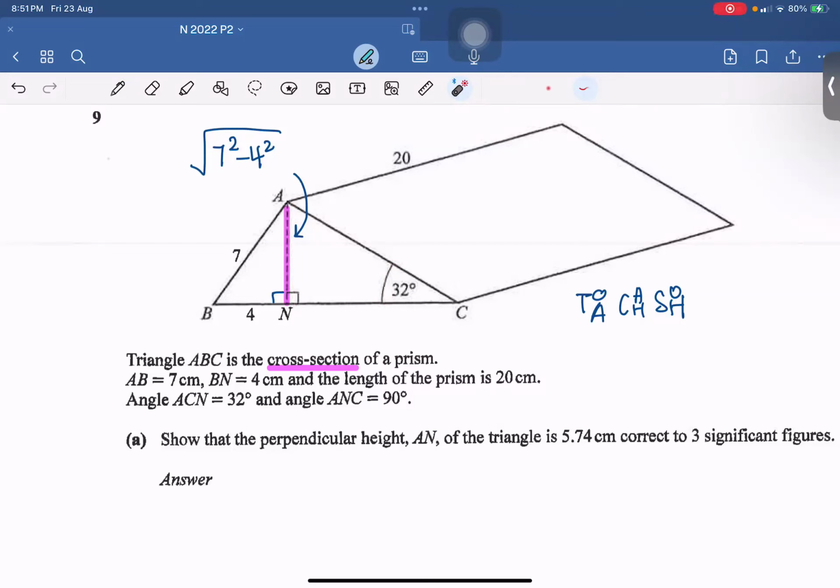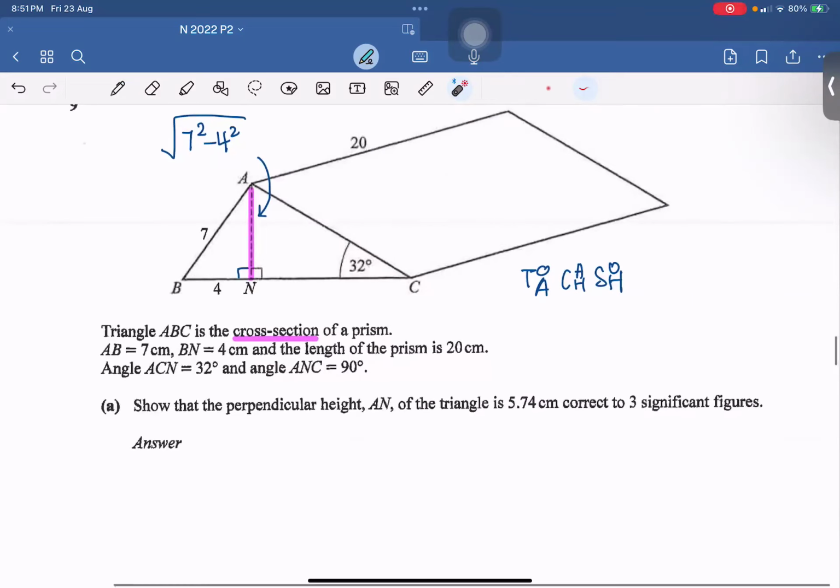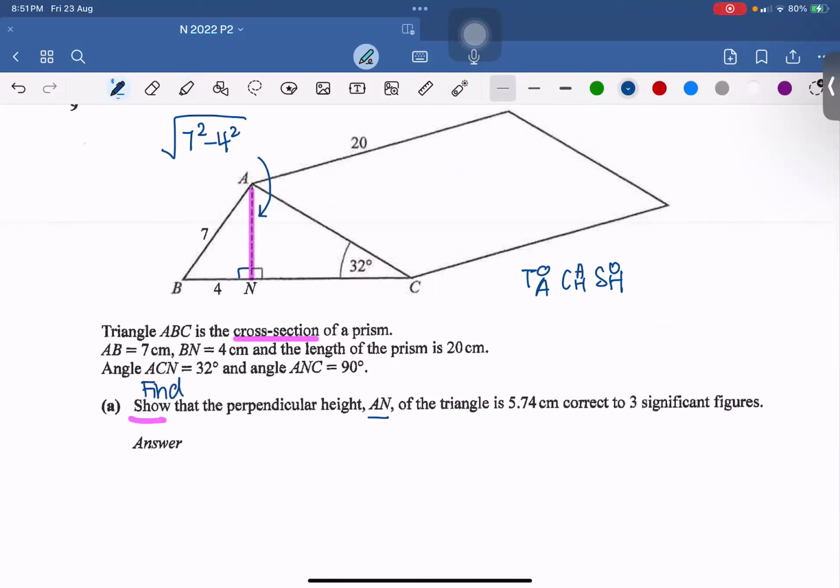Okay, so now the question says, show that the perpendicular height. When they say show, it means find AN. I just found the answer. AN, they say show that this triangle is 5.74. I'm going to use Pythagoras theorem.